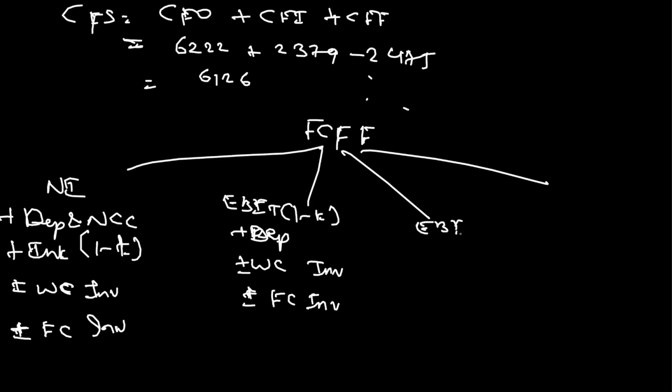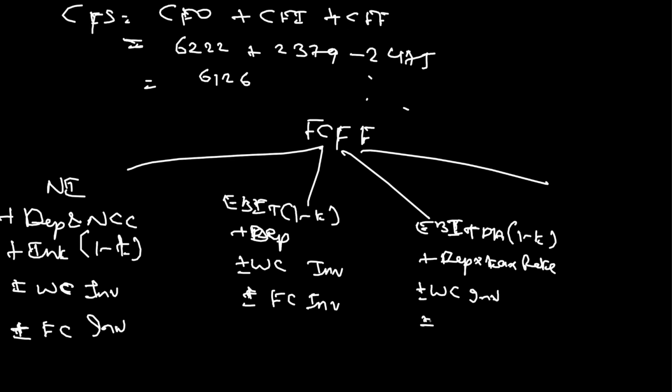Next one is EBITDA into 1 minus tax, then plus depreciation into tax rate, then minus working capital investments, plus or minus, here also plus or minus fixed capital investments.